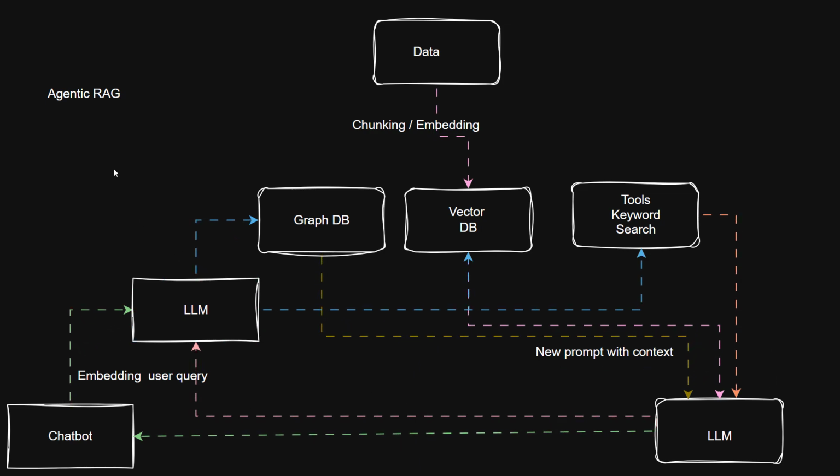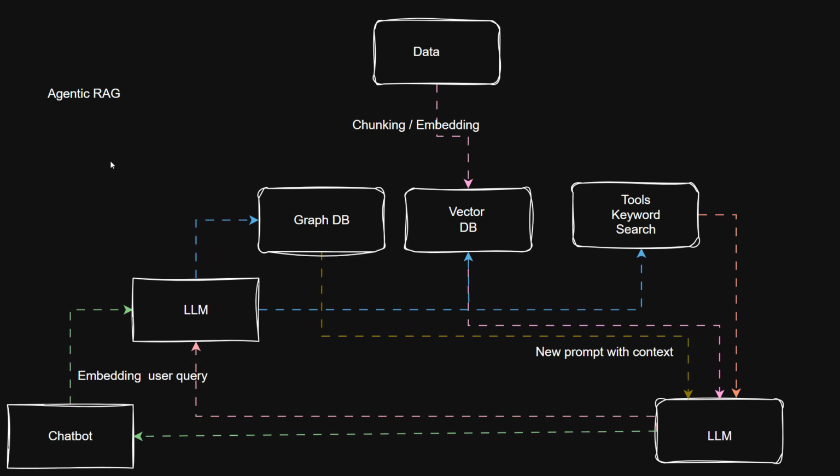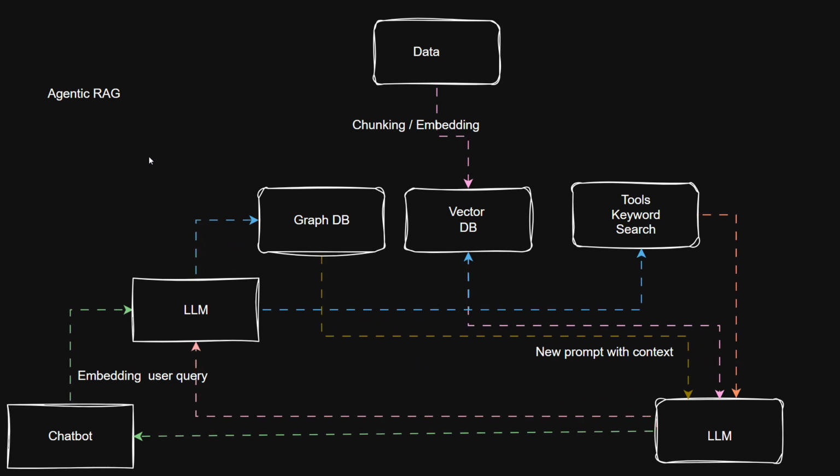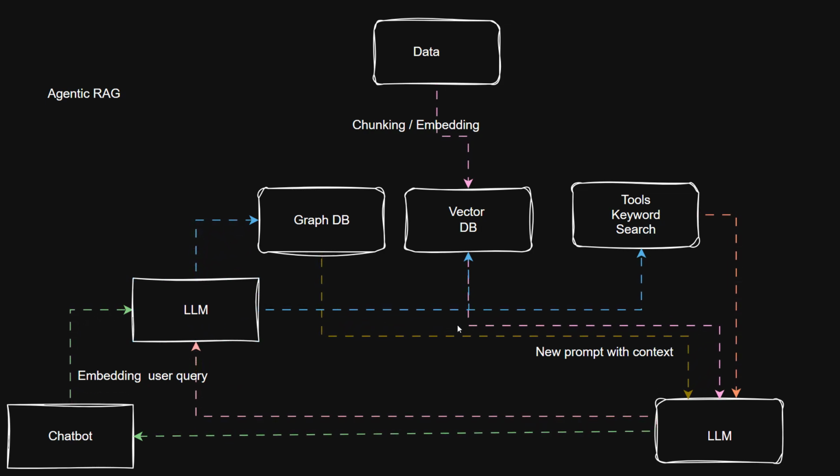You have seen many times, when you are talking to, say, the OpenAI chatbot and you give a calculator question like multiply 2 by 3, that's not an LLM question as such, but a question for a calculator. Behind the scenes, this LLM understands, okay, I need to call a calculator tool, so it will go and call this calculator tool.